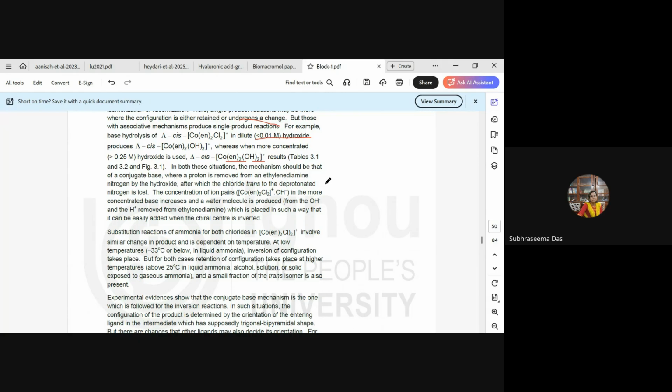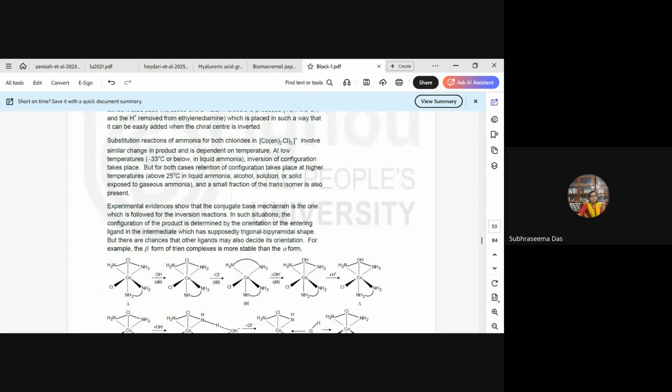The concentration of ion pairs, that is the cobalt bis(ethylenediamine) dichloro OH minus, is more in the concentrated base, and thus the water molecule produced from the OH minus and H plus is removed, where because it has been placed in such a way the chirality is inverted. So here you see how the product has been formed with the retention of product, but the chirality has been changed.